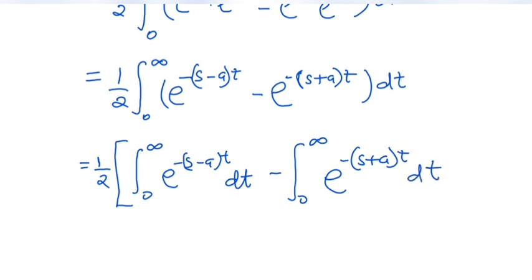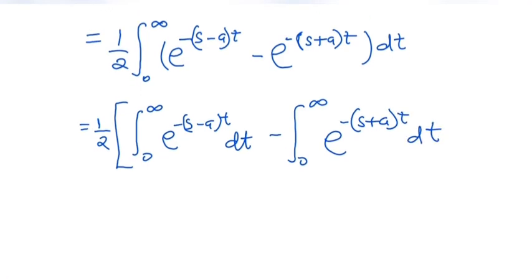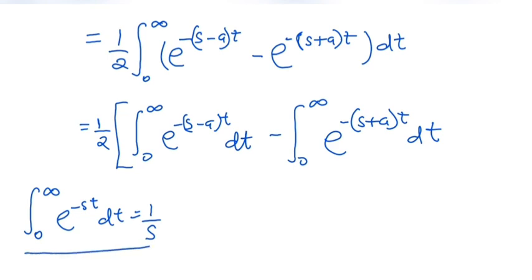And if you've been following this video, remember when we solved the integral from 0 to infinity e to the negative st dt, and this just gave us 1 over s. So if you apply the same solution to this, you find that here we have s, but here it is replaced by s minus a, and you can easily replace the s here by s minus a, and that will be the integral of this.